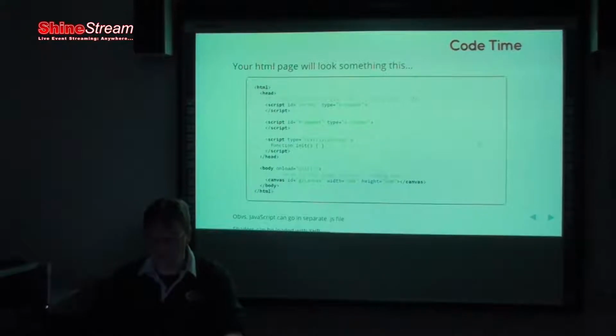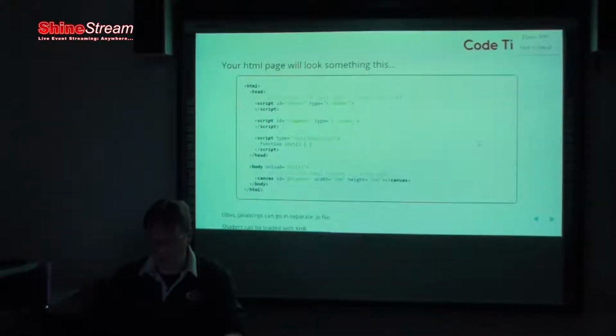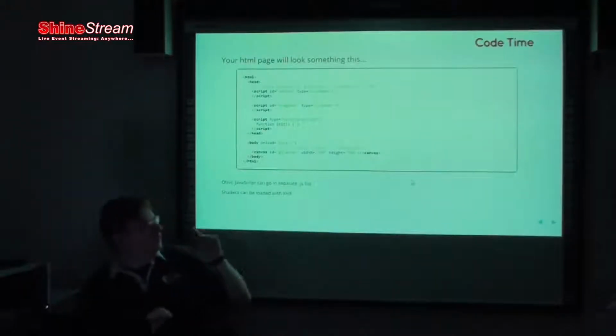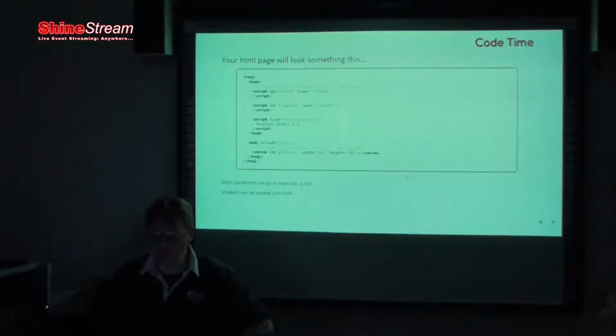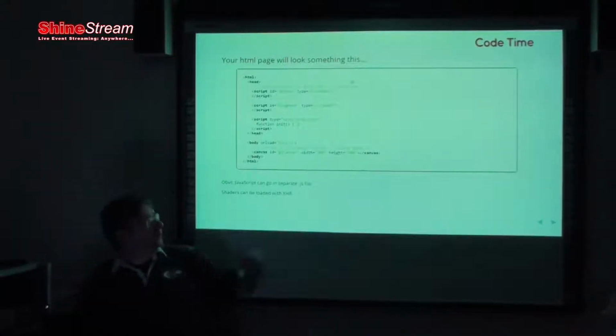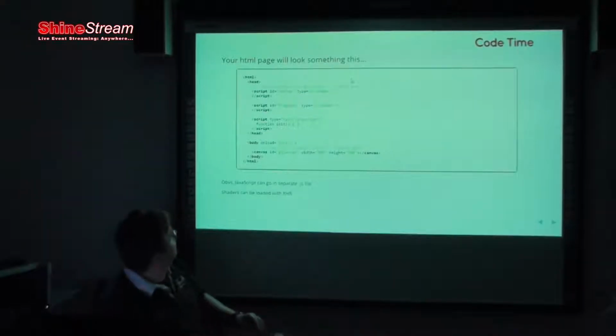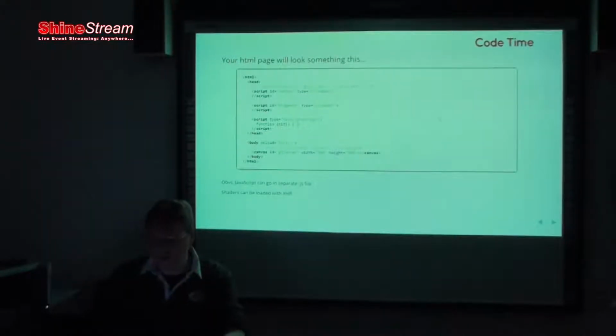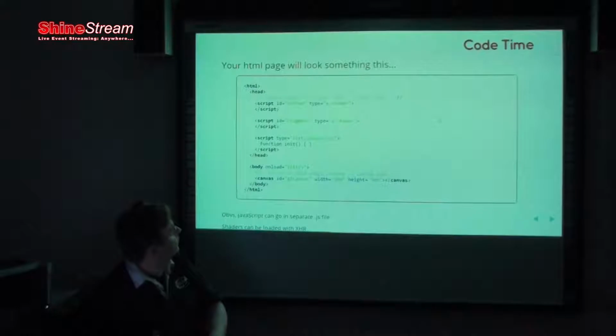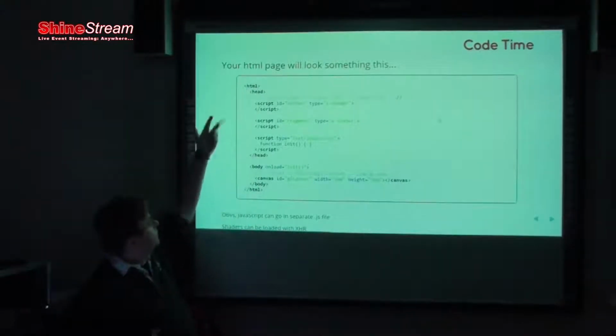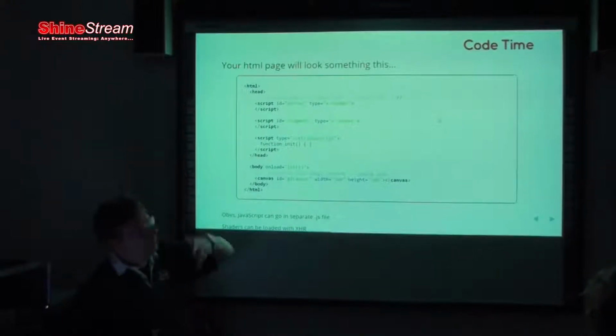Code time. Yes, let's look at a bit of code, which I mentioned before. This is really just teaching code, which I use. So you start off with the basic. Oh, you can't read that, can you? I do apologise. I have no control over this. Can you read that? Is that readable? Okay. So this is a single web page, which obviously in real life you could break up.